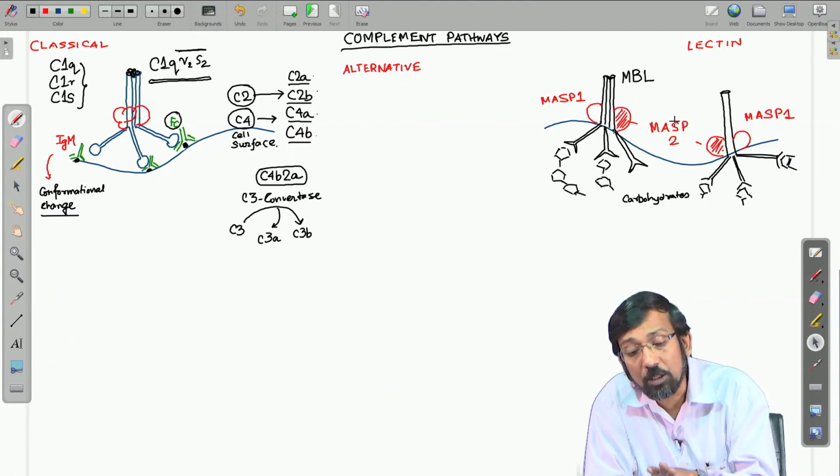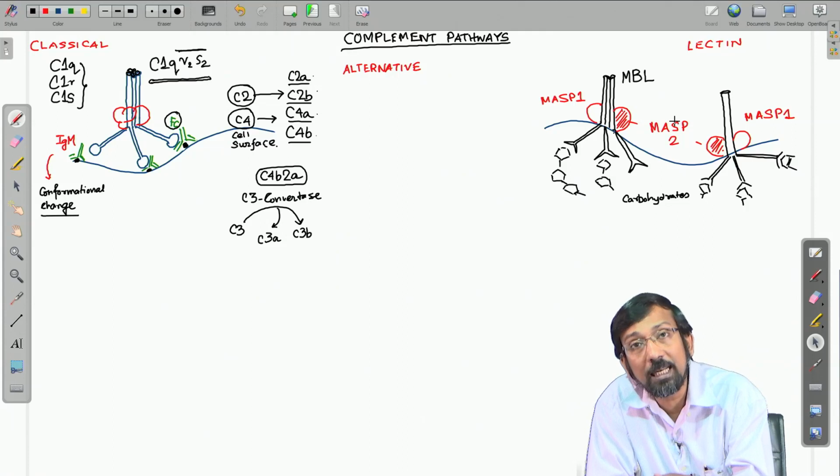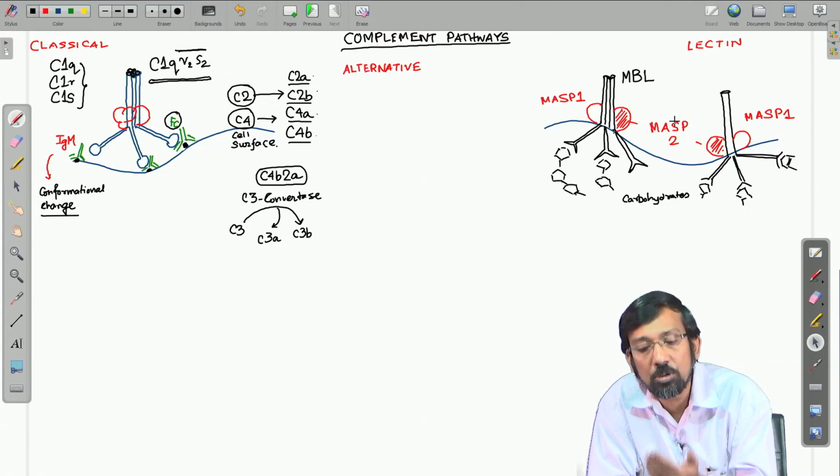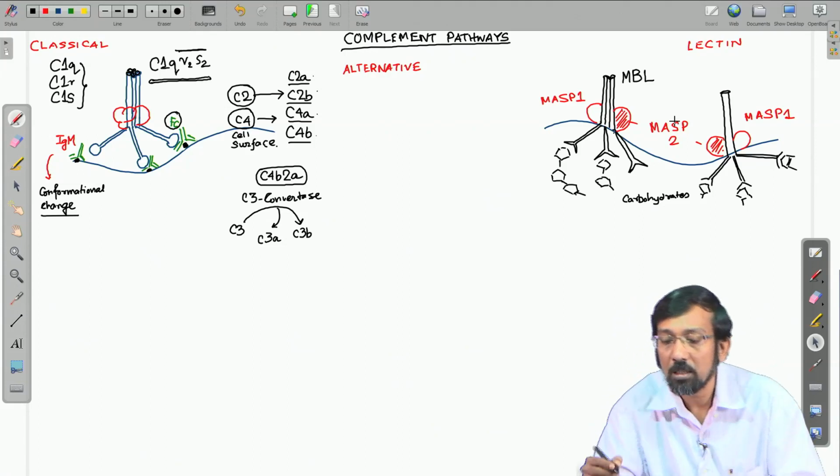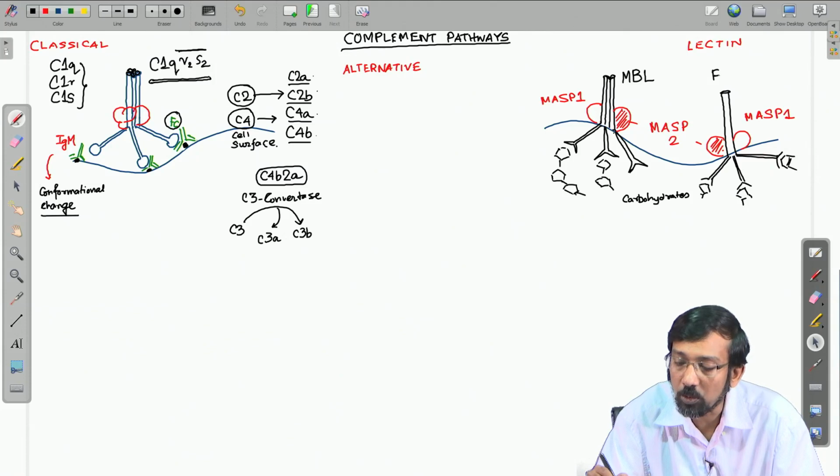So, in the lectin pathway, as I told, there are specific lectins like mannose binding lectin, for example MBL, and also lectin proteins like ficolin.